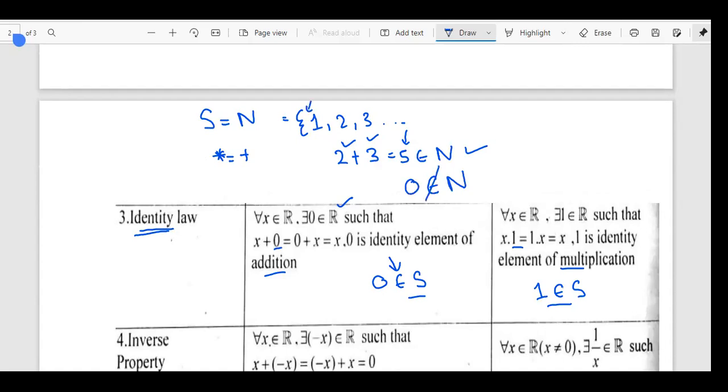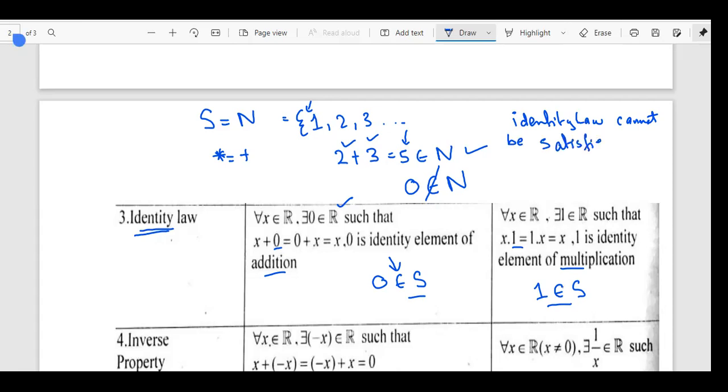So this means that identity law cannot be satisfied with respect to addition in case of natural numbers, right?